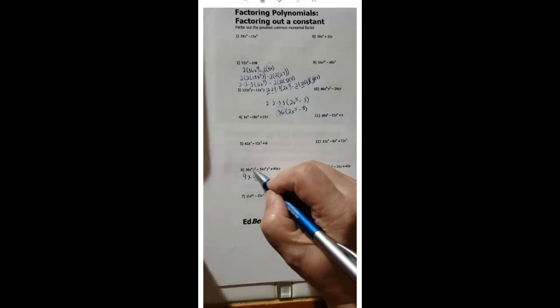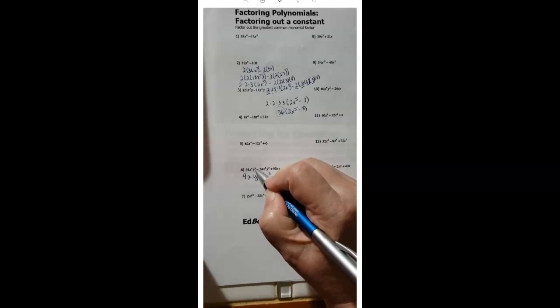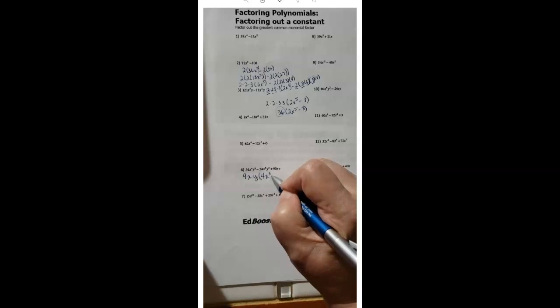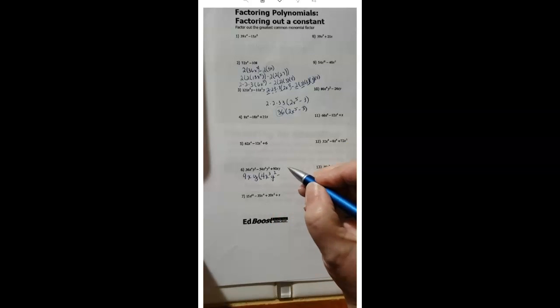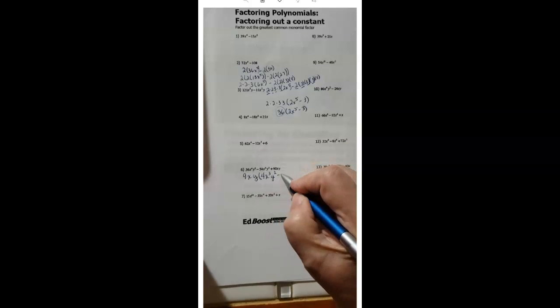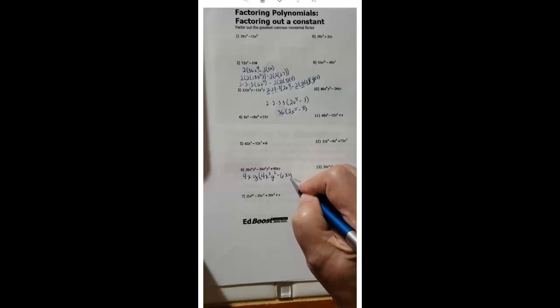So now, what's left over? So that would be 4. I need 4 of these, I only have 1, so that's x to the 3rd. I need 3 of these, I only have 1, so I'd need an extra y squared. 9 times 6, and then that would be an x and a y. And 9 times 10.